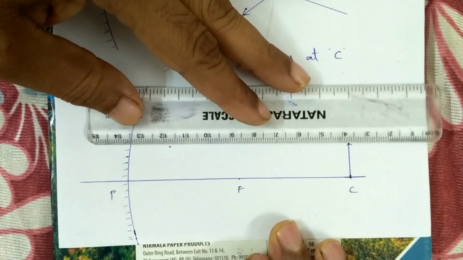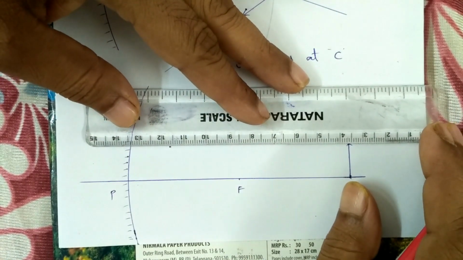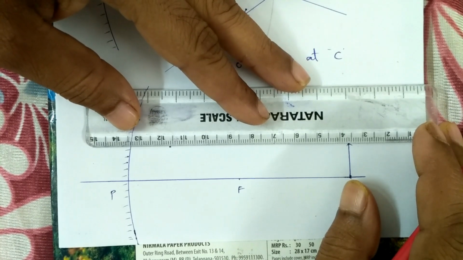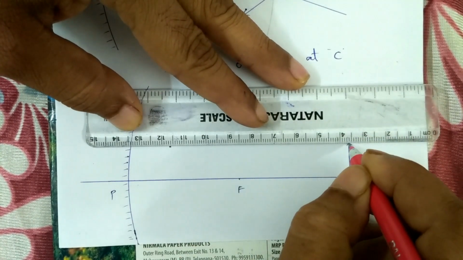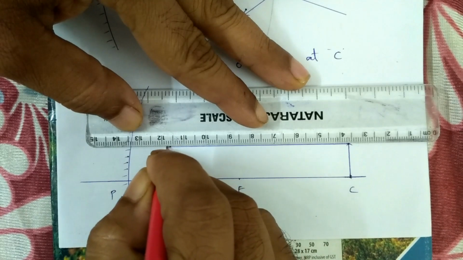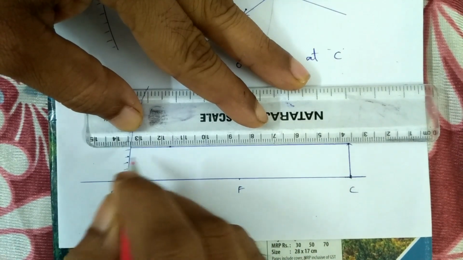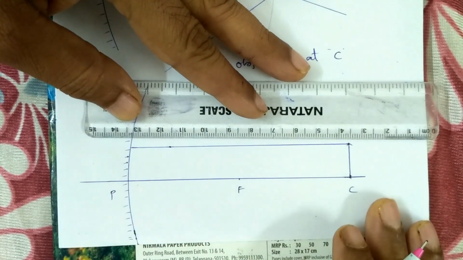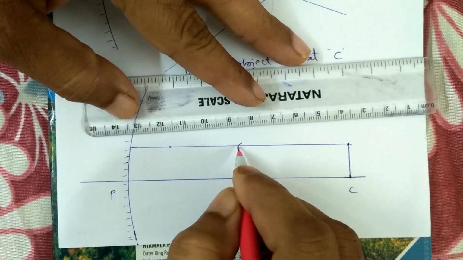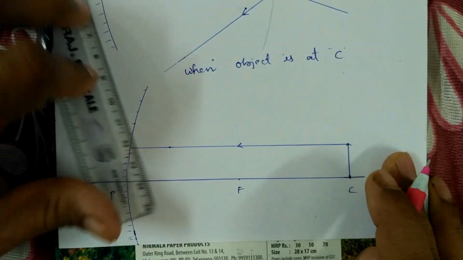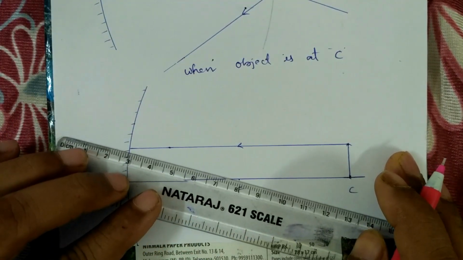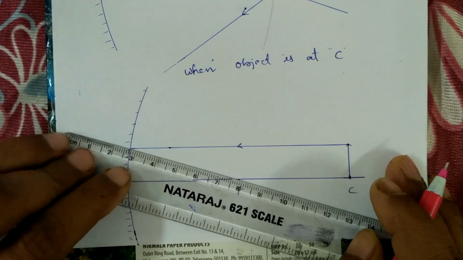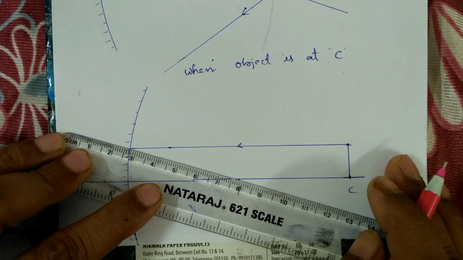Right? So now I am taking a ray parallel to the principal axis from the top of the object. Always we should take two rays from the top of the object. Somewhat little bit down it is, no problem. So this is the incident ray. As we know, a ray parallel to the principal axis after reflection from a concave mirror passes through focus.